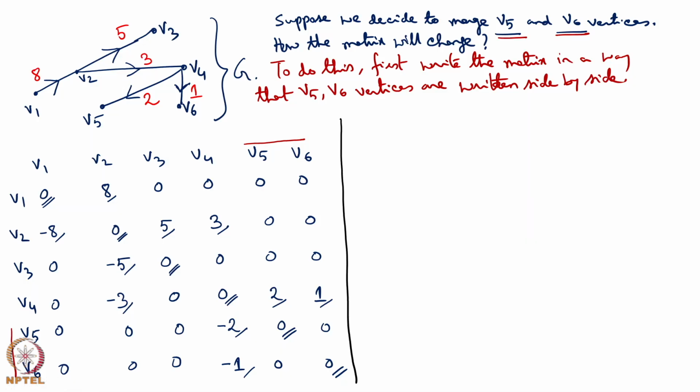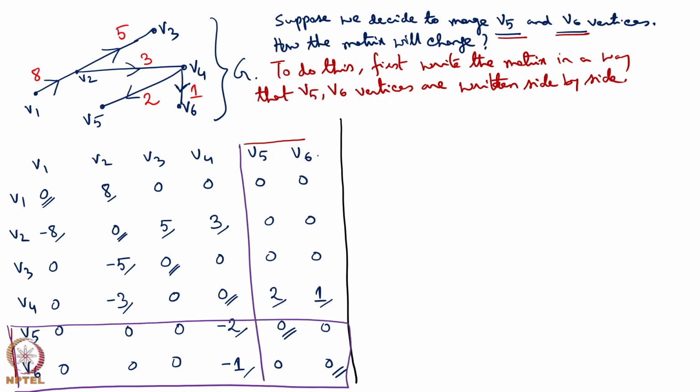The next is, I will draw boxes that will include V5 and V6. Next, since V5 and V6 will be merged, we can call the new vertex V56. V56 is a vertex where V5 and V6 have been merged.